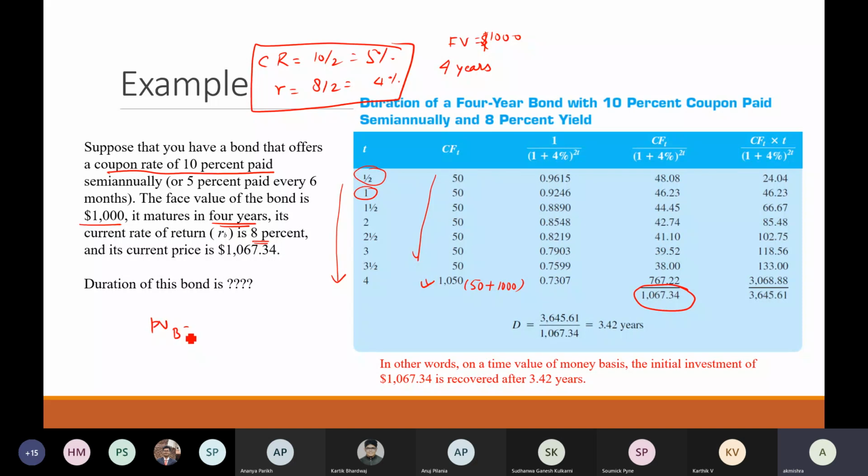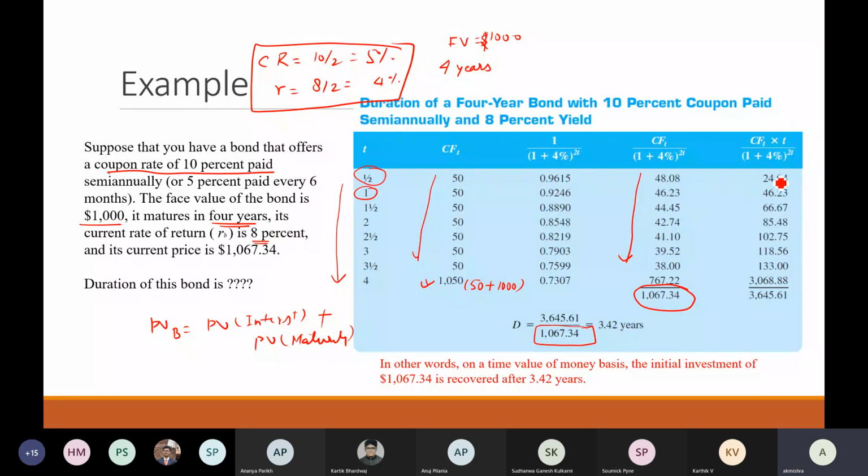We calculate the present value of a bond as the present value of the interest that you are going to get plus the present value of your maturity amount. So when you discount all these cash flows, you will get this. So this is basically your present value of the bond.